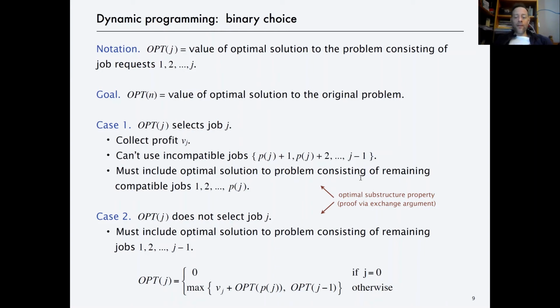And now we can see that in order to solve opt(j), we have two choices. Either we include job j, then we get the profit or the weight or the value of j, v_j, and then we also have to remove all incompatible jobs, so all jobs that you cannot do with this.